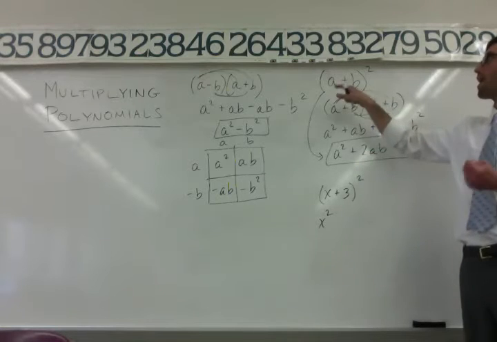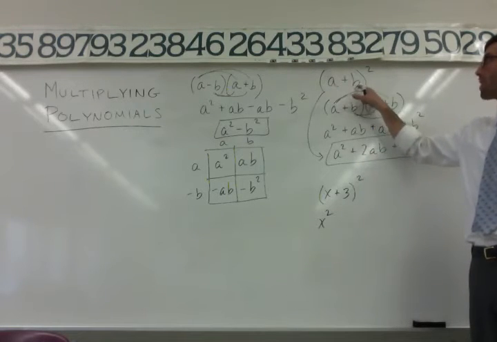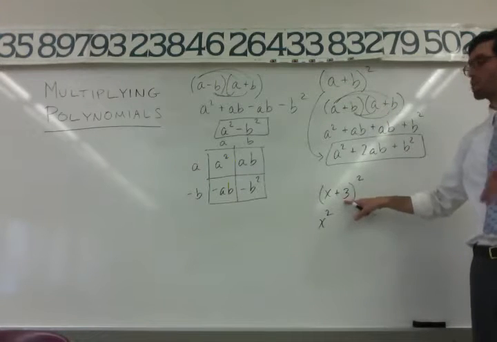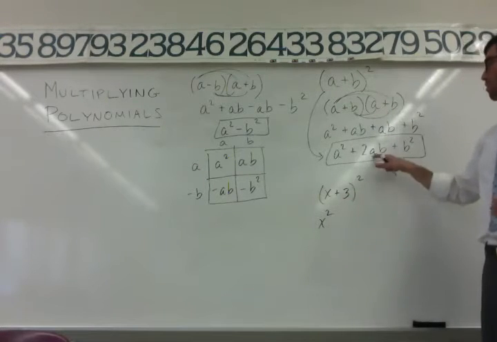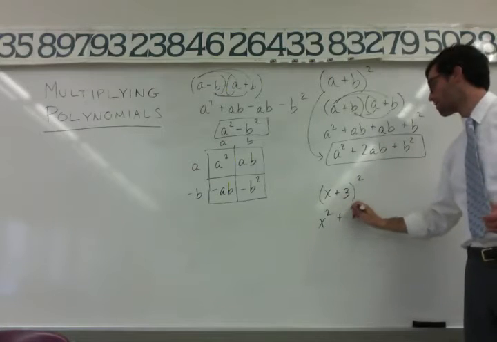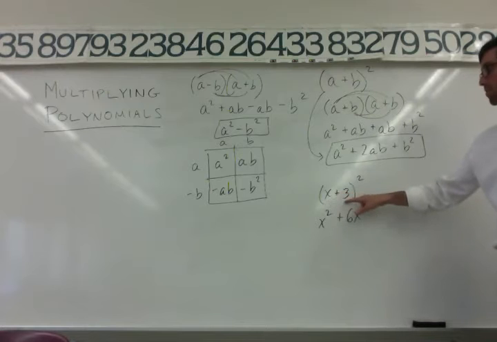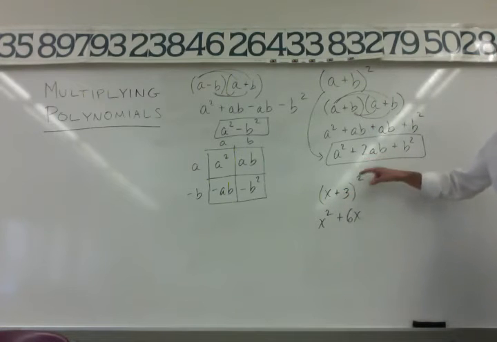Well, what is ab? ab is the product of the first and the second term. So ab here is x times 3, 3x, right? So 3x times 2 is 6x. All right, so again, ab is just the x times the 3, 3x, but then there's a 2. So 3x times 2 is 6x plus b squared.